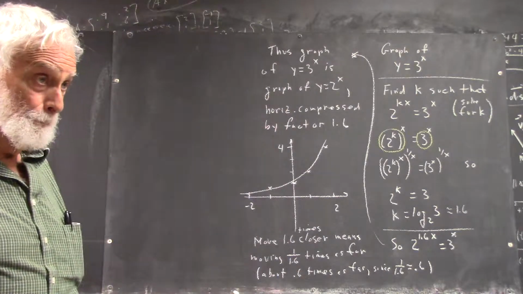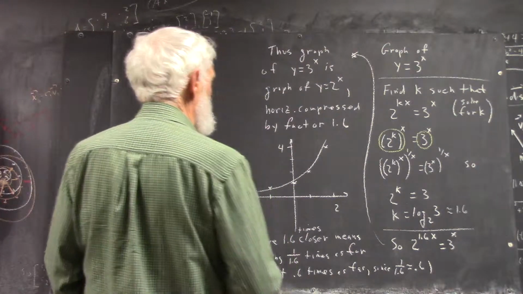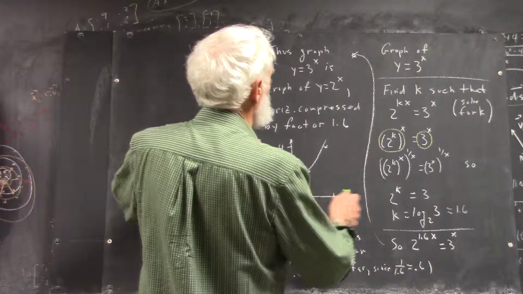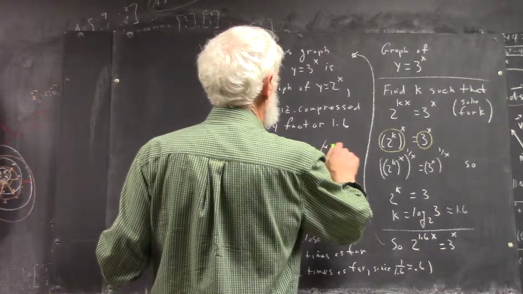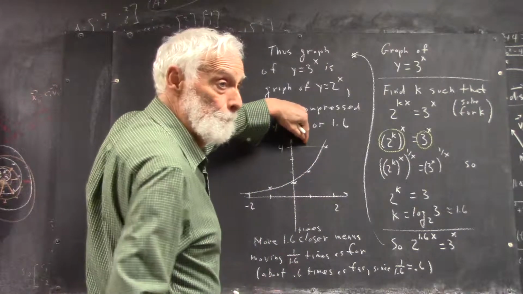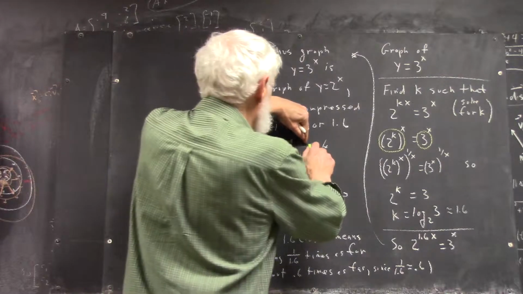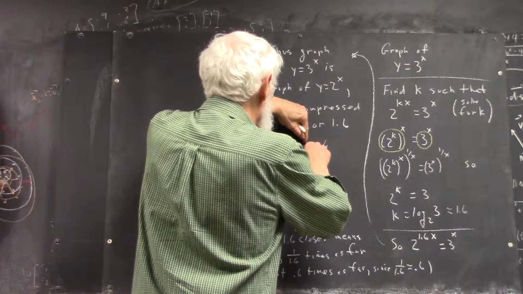Okay? So that means what? Well, I'm going to move this point 0.6 times as far. Now let's just draw a line from here to here. Half as far would be here, right? Down about in the middle. And 0.6 times as far would probably put it here.